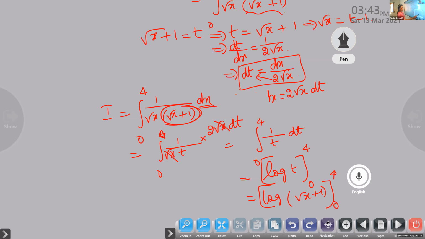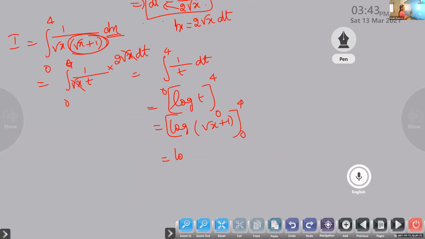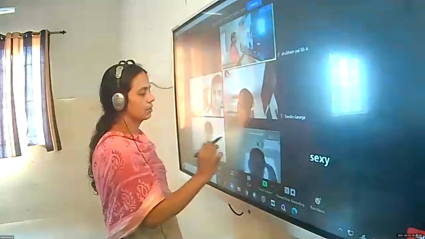Now apply the limits. Can you apply the limits? Upper limit minus lower limit. Log of root 4 plus 1 minus log of root 0 plus 1. Isn't it? Upper limit minus lower limit. Aparna, what is root 4? 2, isn't it?